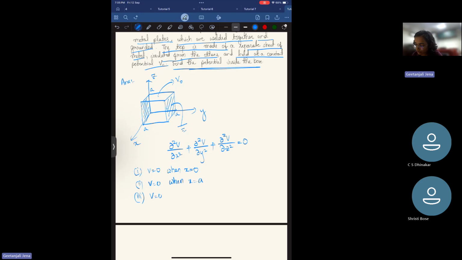Others are V is 0 when y is 0 and when y equals A. It is 0 when z equals 0. And the sixth is V is V0 when z equals A.